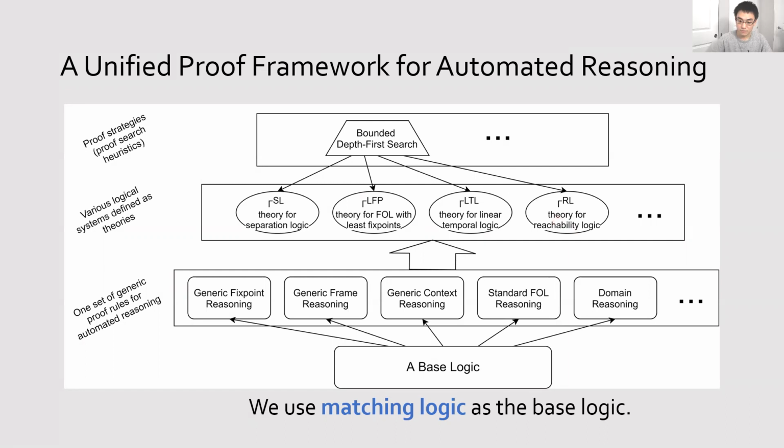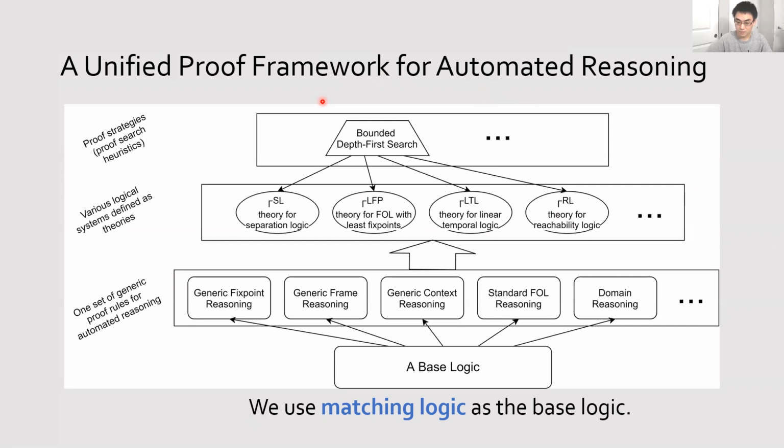This makes our proof framework different from the existing proof systems that are designed specifically for one area or one domain, such as the separation logic provers, the LTL provers, etc. And finally, the proof framework implements some proof strategies and proof search heuristics.